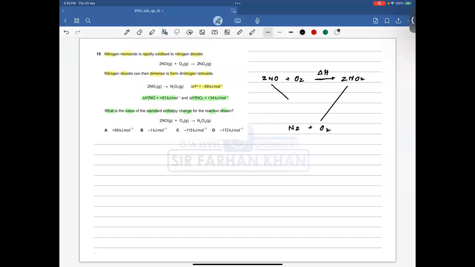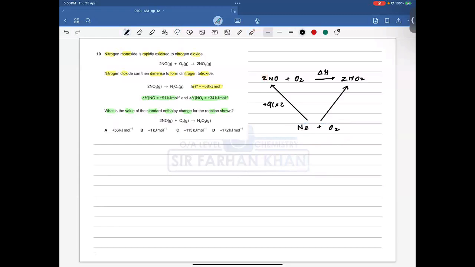So I need to make the Hess cycle. And since formation data is given, we need to start through constituent elements. All right. That's what we have discussed in the class. The value of NO is given, which is plus 91, multiplied by 2, because we have 2 moles in the equation.